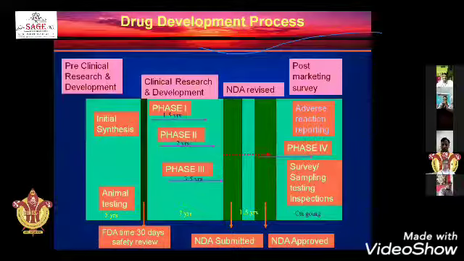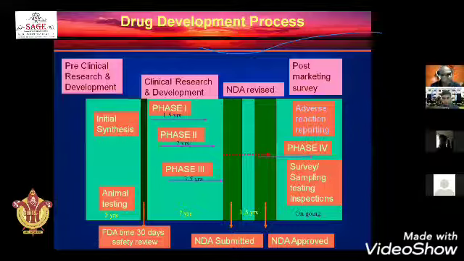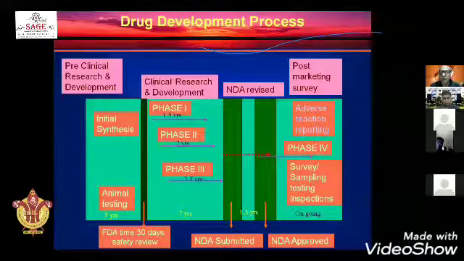Then the Food and Drug Administration reviews your data. If they find that it is reliable and does not have any serious adverse effect on human beings, they will allow you to market it, but only for a certain area, not the whole country. You have to define the area.